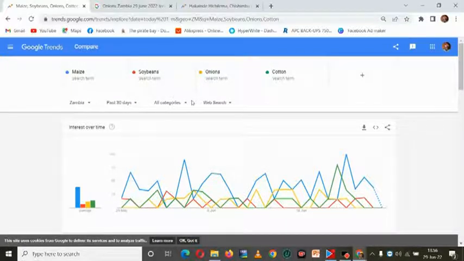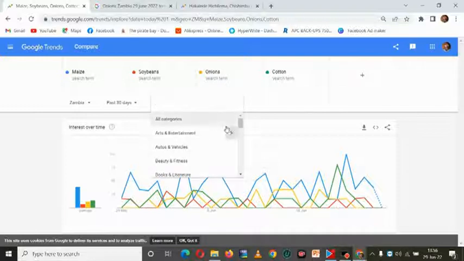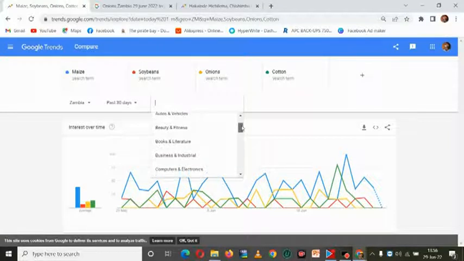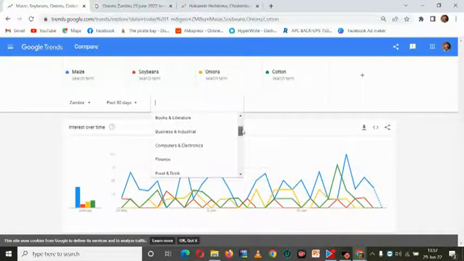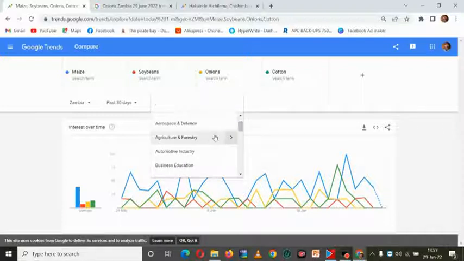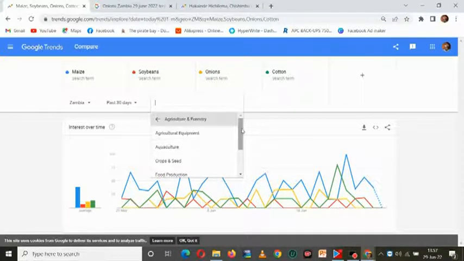So we can go now to categories and fine tune our search. So where do we find agriculture? We know agriculture is a business or an industry. So let's check here. Okay, agriculture is here, agriculture and forest. Under agriculture, let's see what can help us. We have here agriculture equipment.